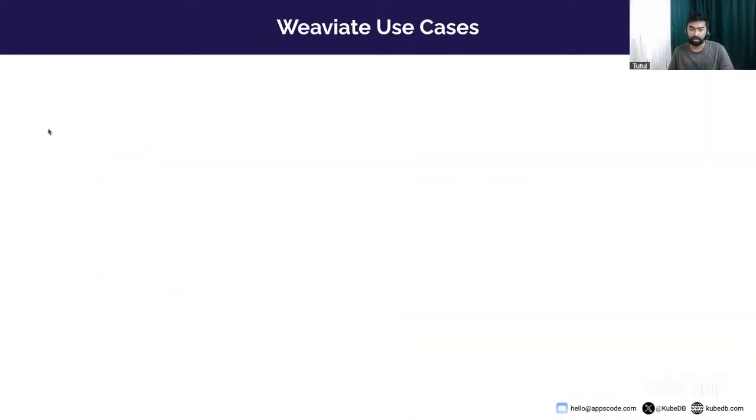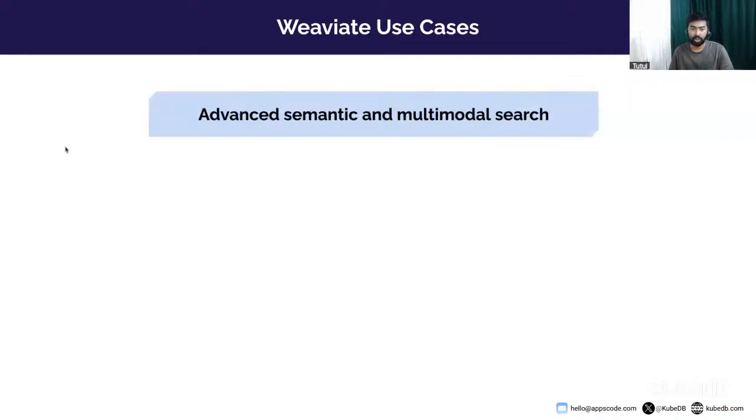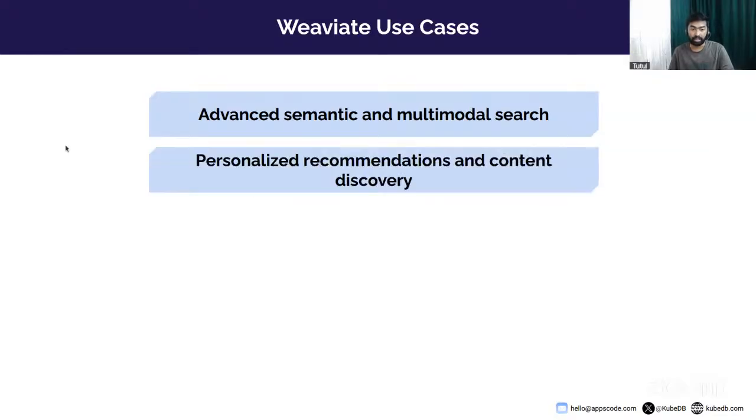Here are some use cases. Weaviate can be used for semantic search, where you search by meaning instead of exact keywords. And it is also useful for recommendation systems, like suggesting products, articles, or videos based on user behavior.